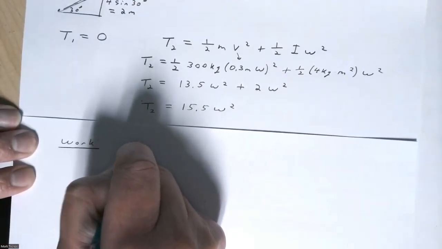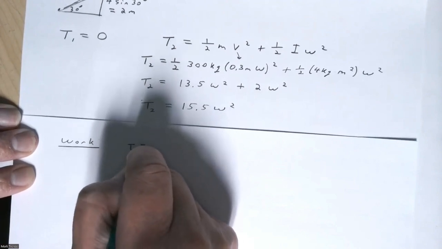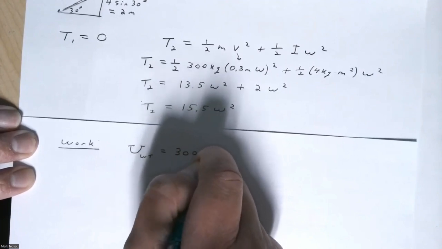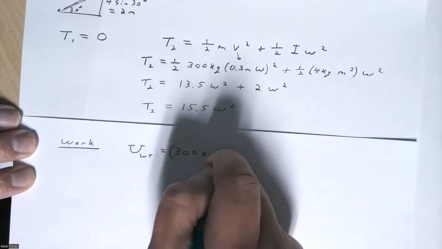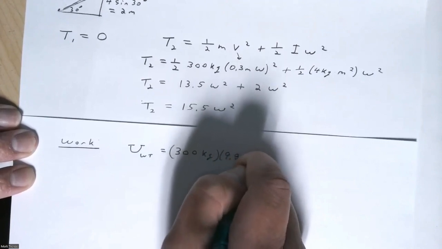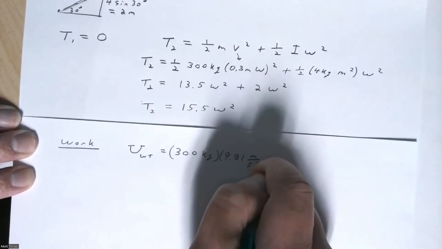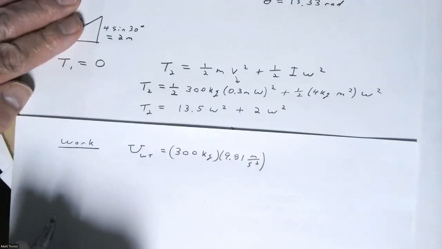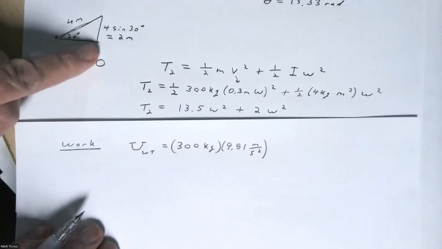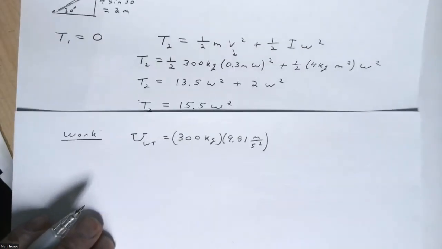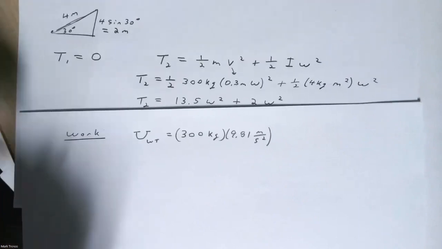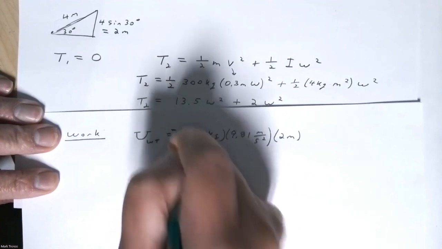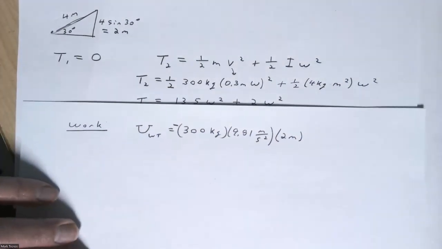Again, let's do the work of the weight. Again, we have 300 kilograms times 9.81 meters per second squared. Then the change in height we calculated a little bit ago here was 2 meters. It went upward 2 meters. So that's going to end up being negative. So we have to put a negative in front because it went upward.